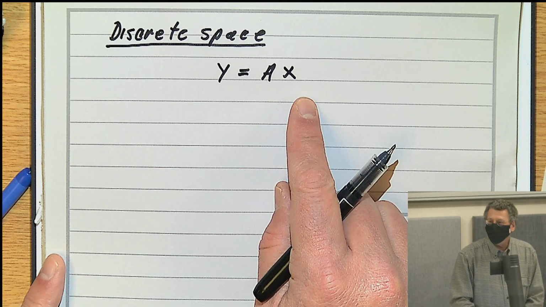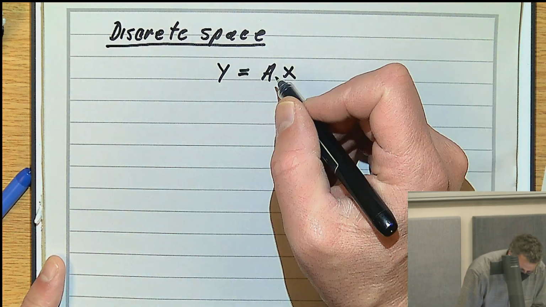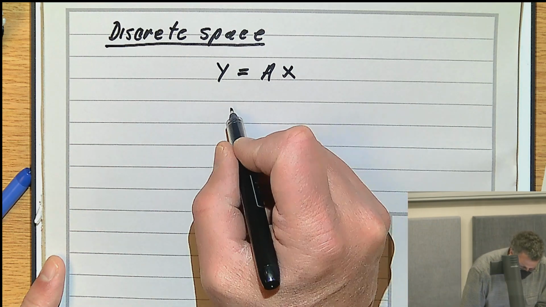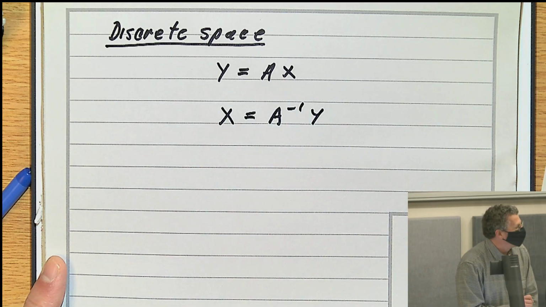So what's the answer to the question, how do you solve the problem y equals Ax? Everybody knows, right? You say that x equals A inverse y, right?